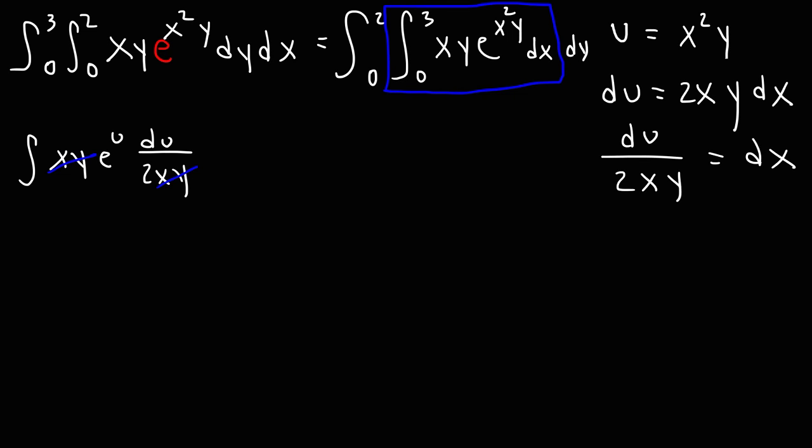So when x is 0, what is u? If we plug in 0 into that expression, we have 0 squared times y, that's just 0. Now when x is 3, what is u? I said y, but I meant u. So if we replace x with 3 in that expression, it's going to be 3 squared times y. So that's 9y.